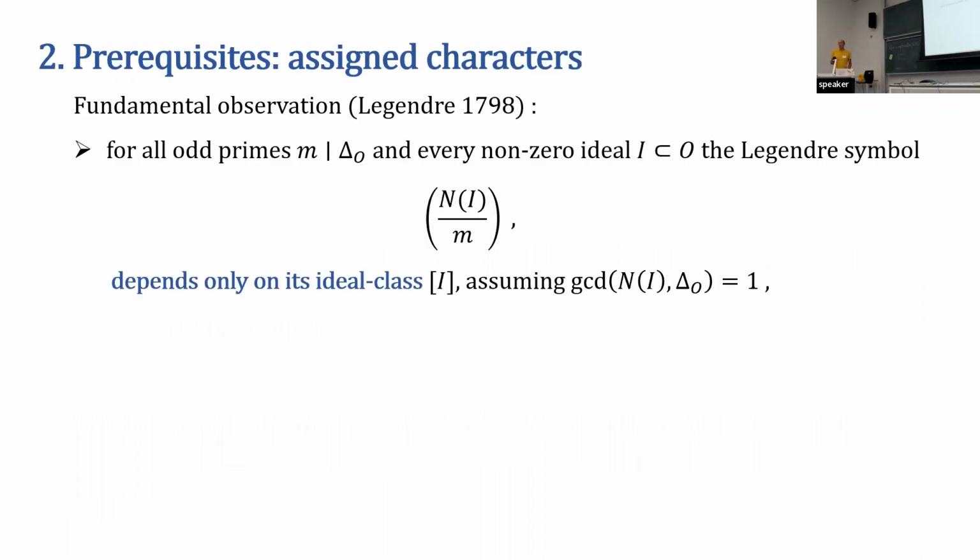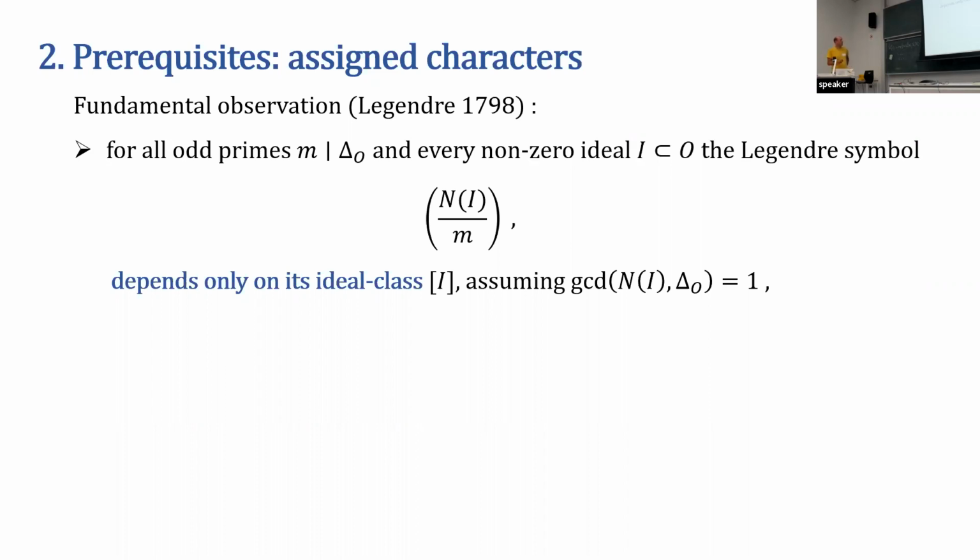I will now go through a bunch of ingredients going into that statement. First of all, these assigned characters, I will go quickly over them. This goes back to an old observation by Legendre, saying that if you have a divisor of the discriminant of your imaginary quadratic order, and now I will focus on odd primes because the prime 2 is a bit different.